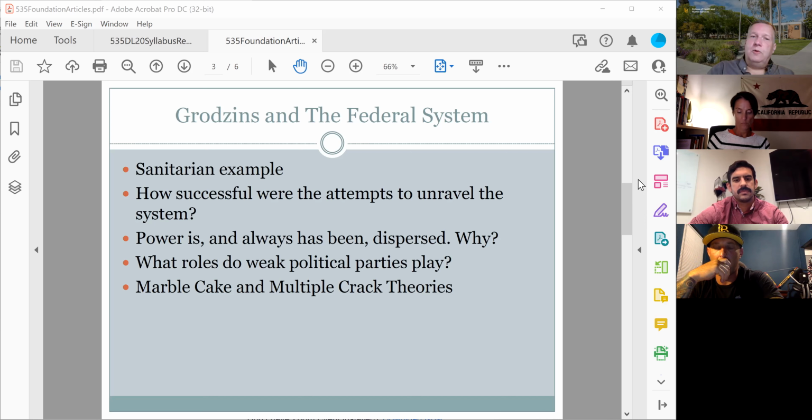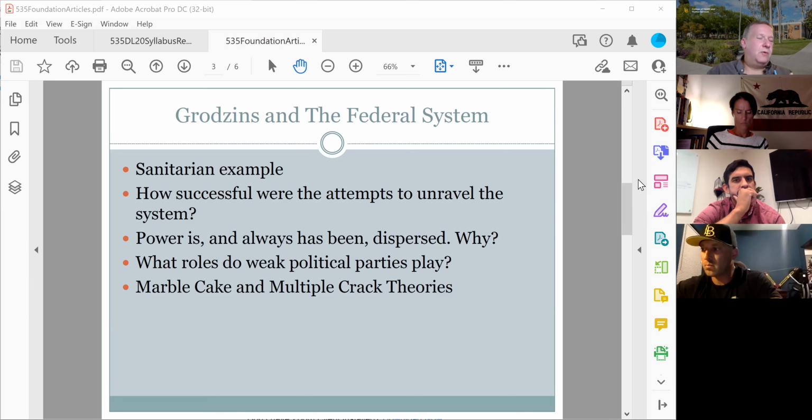Another thing that he explores in the article is the role of political parties in federalism, and the weakness, as he refers to it, of political parties in our system of government. Our parties tend to be weaker than what we tend to see in our European counterparts. So he asks the question, why are parties weaker?